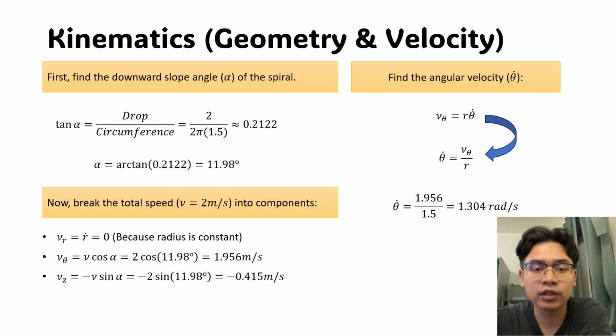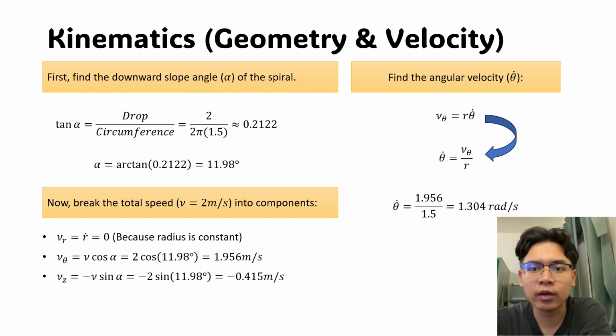The vertical velocity Vz points downward, so it will be negative. We calculate it as negative 2 sine of 11.98, which gives negative 0.415 meters per second.